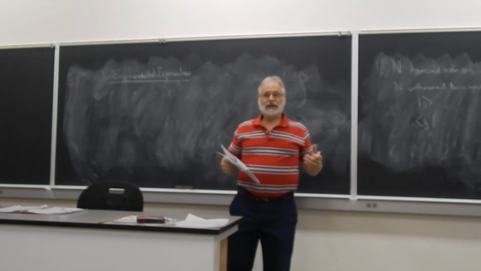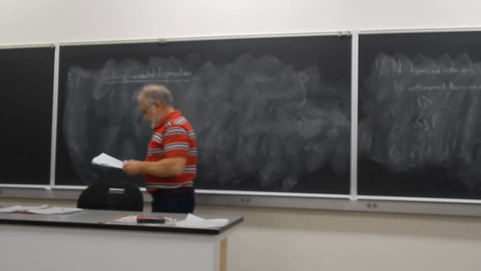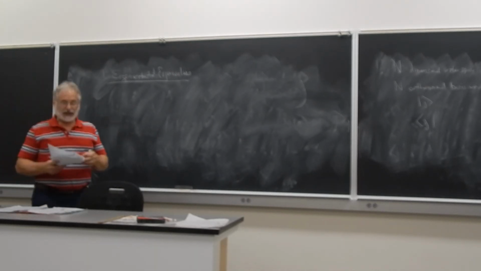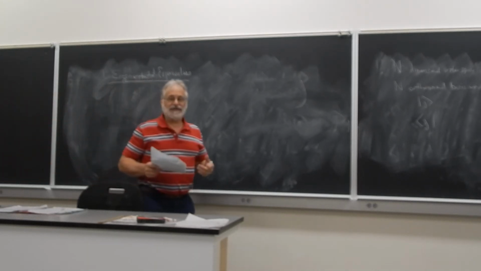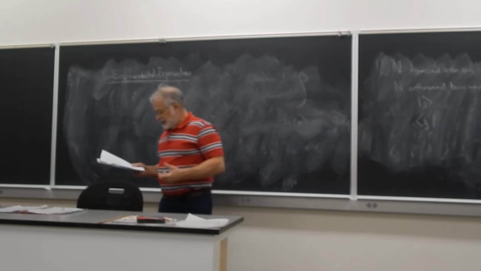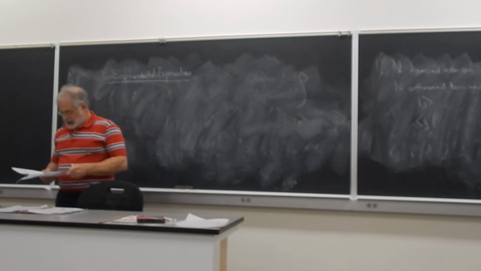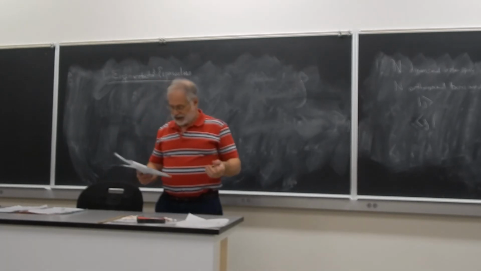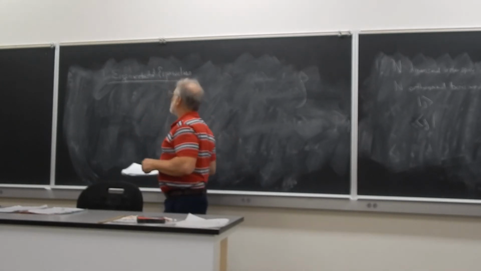If I have a linear operator acting on a vector, generally speaking, it's going to change the direction of that vector. But for some linear operators, there are certain vectors whose direction won't change by their action. Those are called eigenvectors.